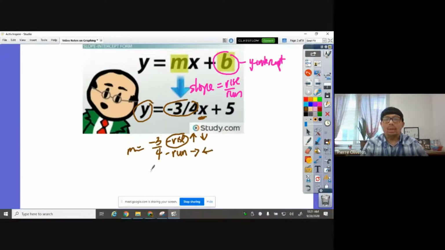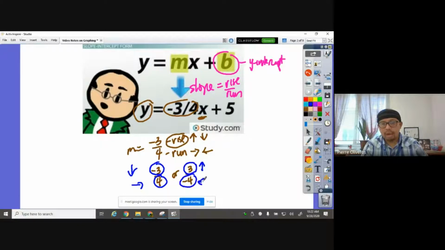Negative 3 over 4 is kind of tricky because negative 3 over 4 can be written as 3 over negative 4. In this case, this is gonna go down and the positive 4 will go to the right. On the other hand, if we have a positive 3, this will go up, but this will go left. Are they different?